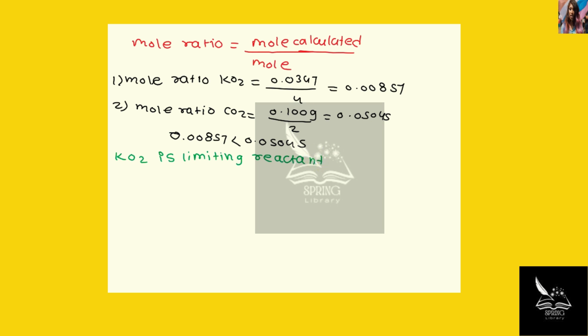Now here we find the mole of oxygen, which is equal to 0.0347 mole of KO2 into 3 mole of O2 divided by 4 mole of KO2.